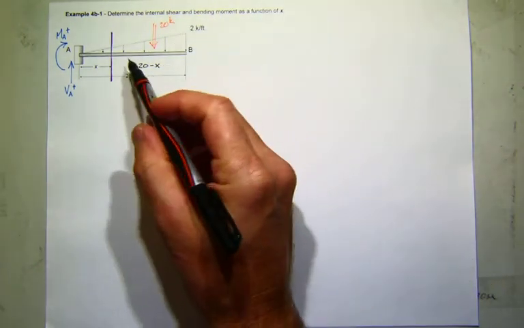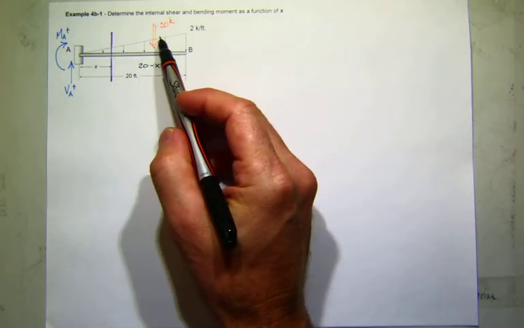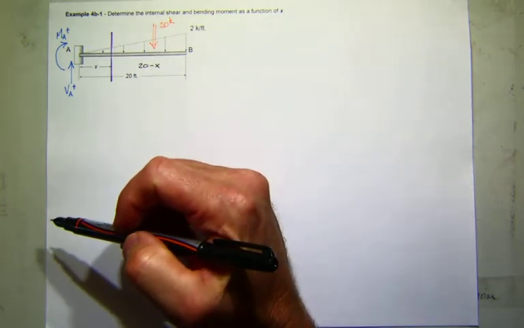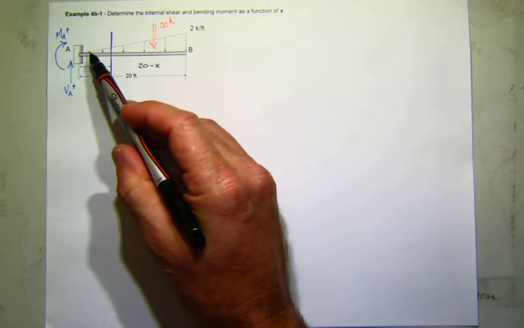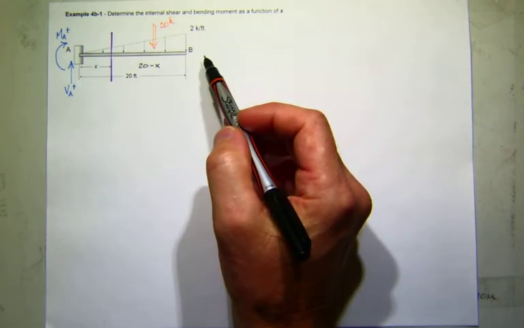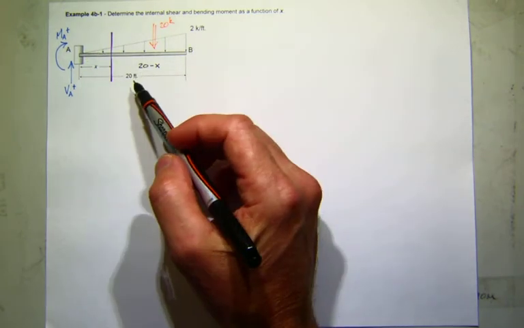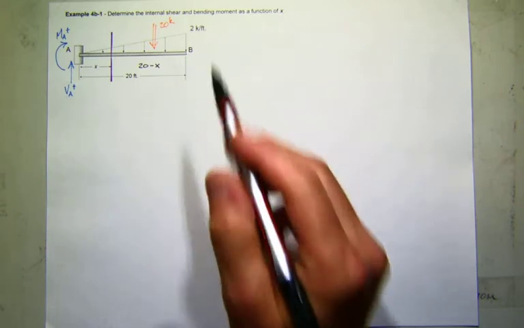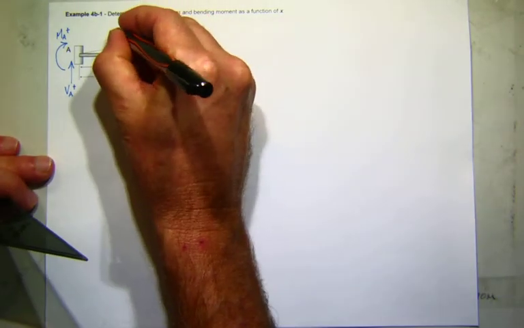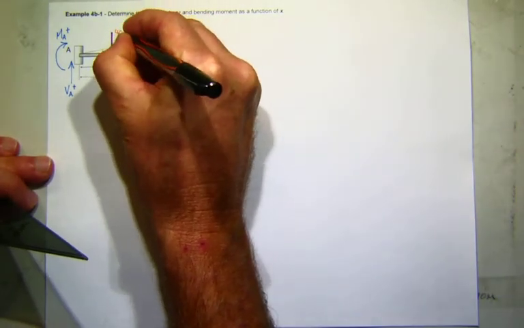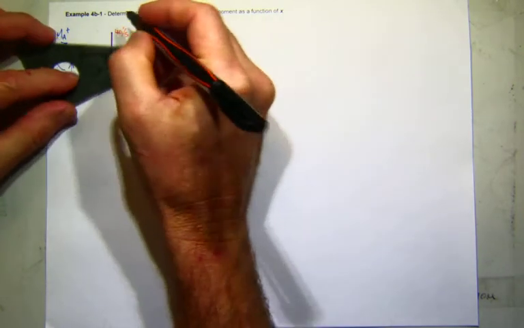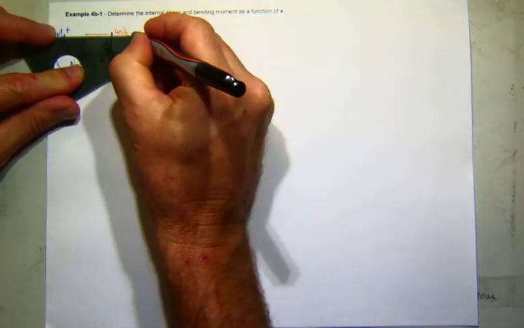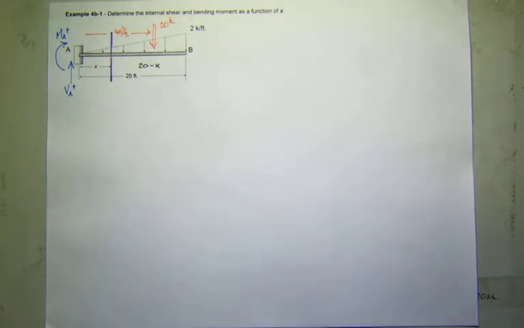And what's the distance from A to that location? Well, on a triangle, it's 2/3 from the small end or 1/3 from the big end. So 2/3 of 20. I'm just going to write that as 40/3. That way I don't have to worry about computing a fraction right now. I'll just leave it in fraction form. You see that? 2/3 of 20, 40/3.